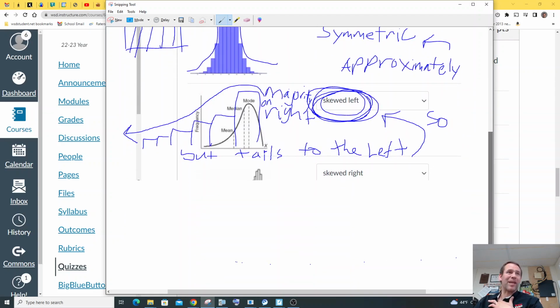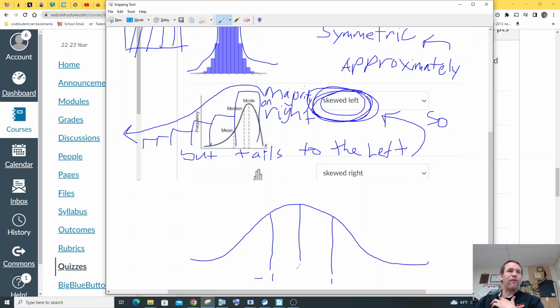So this is how it works basically. Here's the idea behind it. 68, 95, 99.7. So 68% of people are going to be between -1 and +1, with our average x bar of 0 in the middle. And so those are standardized numbers. Let's say we change those and say the average height is 5'8".